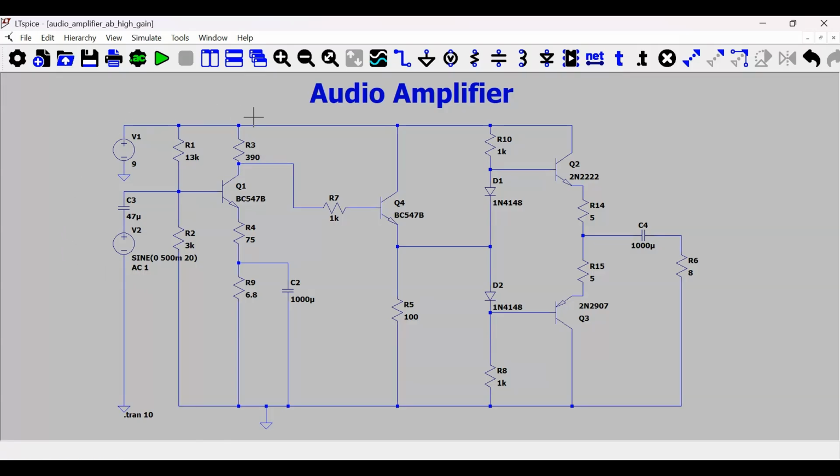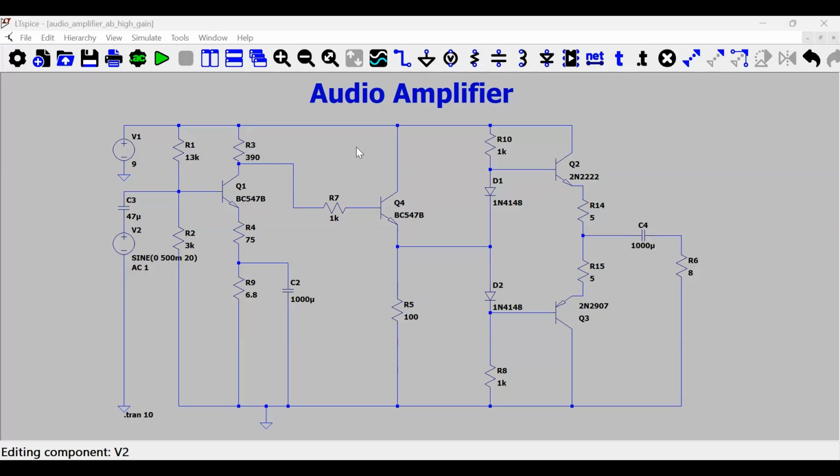So you can see here that I have connected the circuit of the amplifier. We are providing a voltage of 9 volt as power supply, and then the input signal will be around 500 millivolts audio frequency. Initially I have defined it to be 20 hertz, and it can go to a maximum of 20 kilohertz.